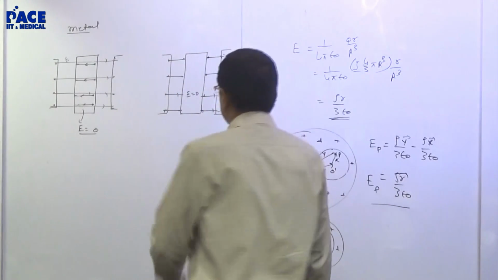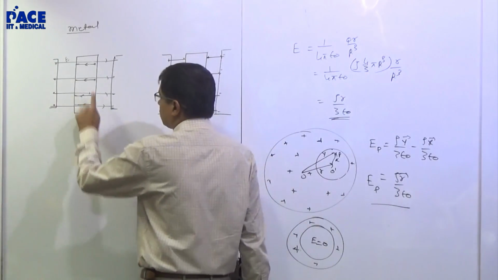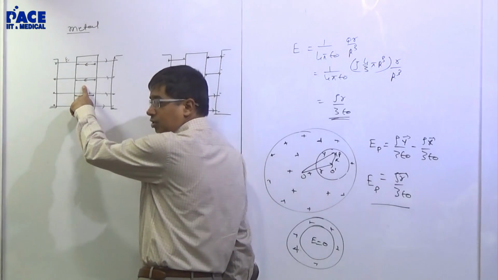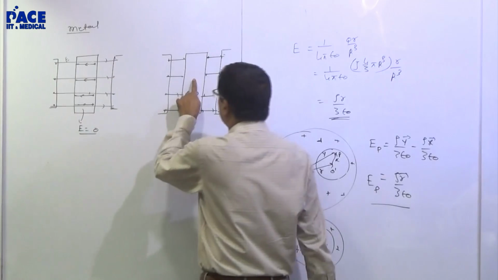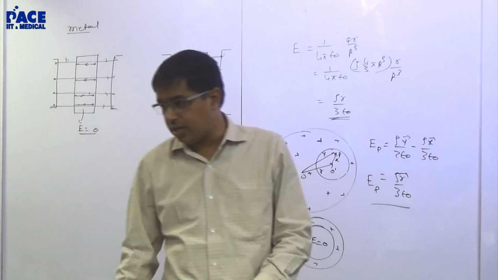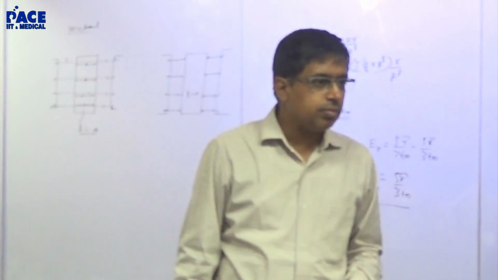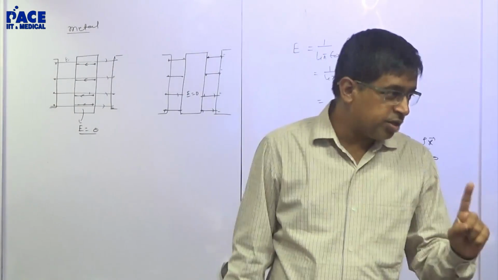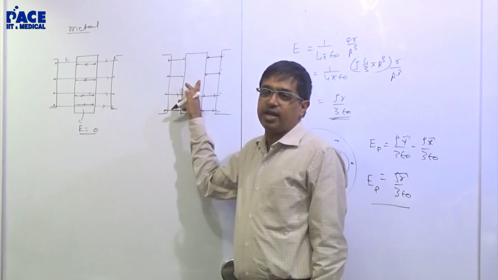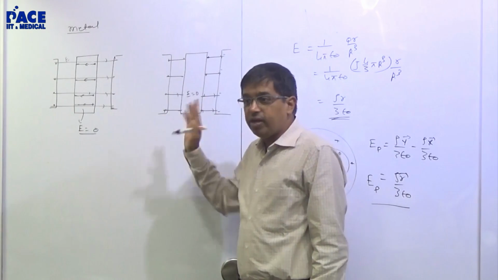The induced charges will nullify the field inside. So don't tell me that external field did not enter inside the metal. It does enter inside the metal but gets cancelled out. First misconception. Is it clear to all? External field does exist inside the metal. Net field is 0.